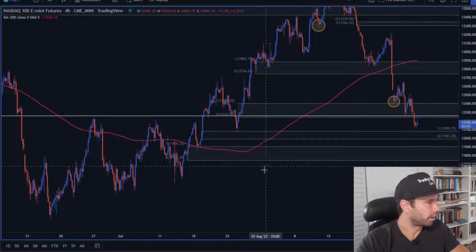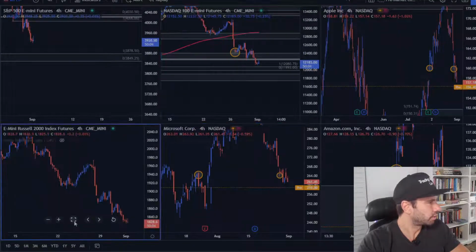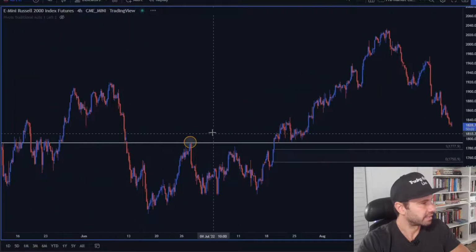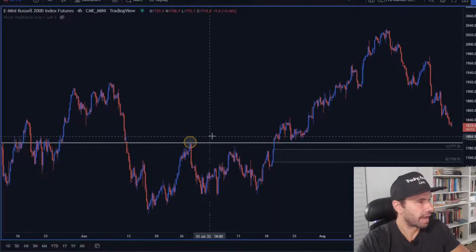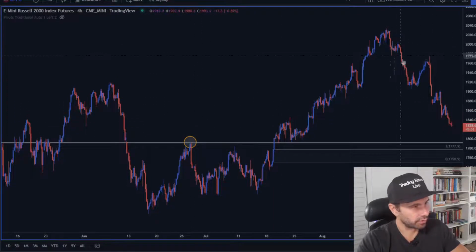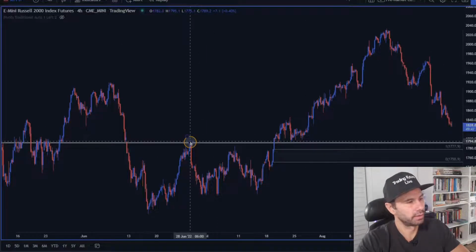All right, let's continue. RTY, similar chart, but RTY actually hasn't gotten to this pivot. Actually, the RTY is holding better, right? Buyers buy. I mean, it is selling off, but we haven't gotten to this point, right?